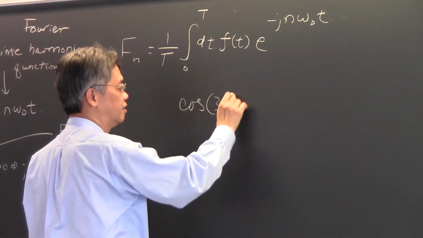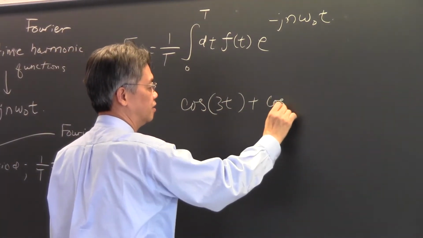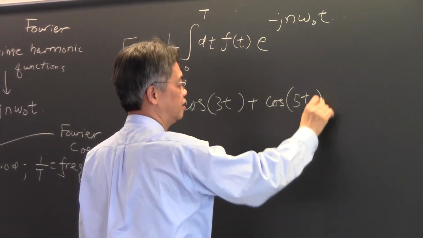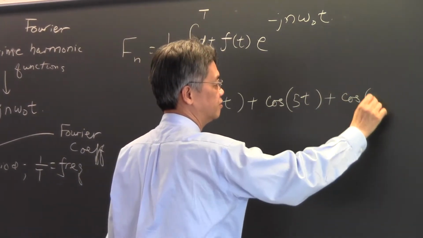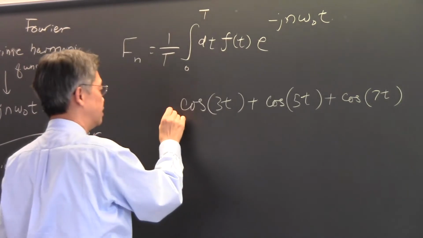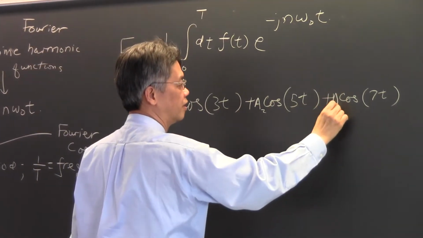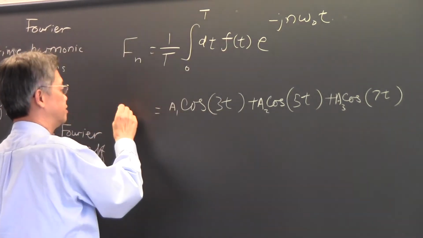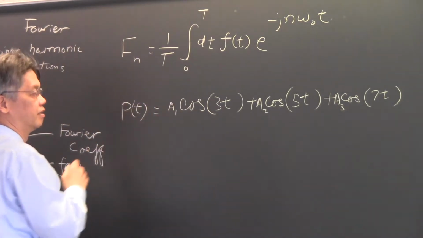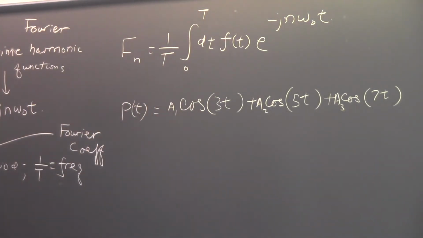Cos of 3t plus cos of 5t plus cos of 7t. Say this might be A1, A2, A3, and this is, say, a p of t. The question is whether this is a periodic function of t.